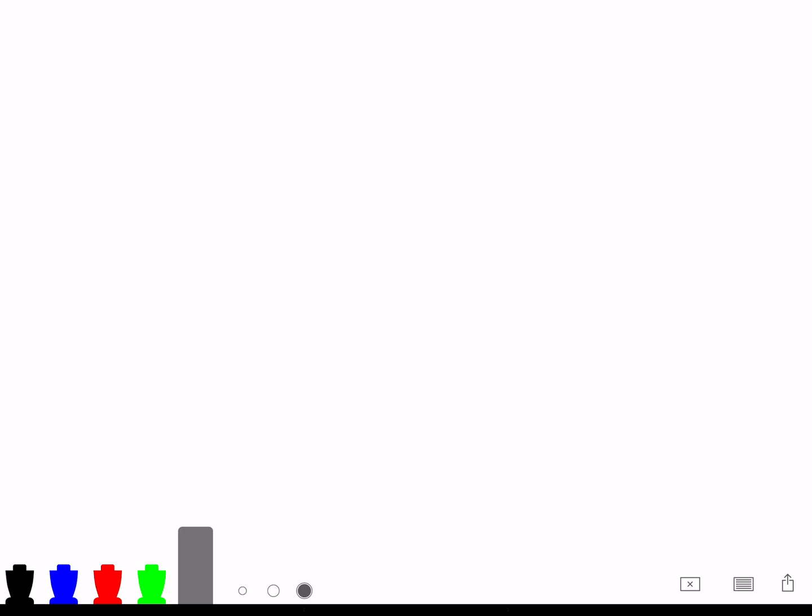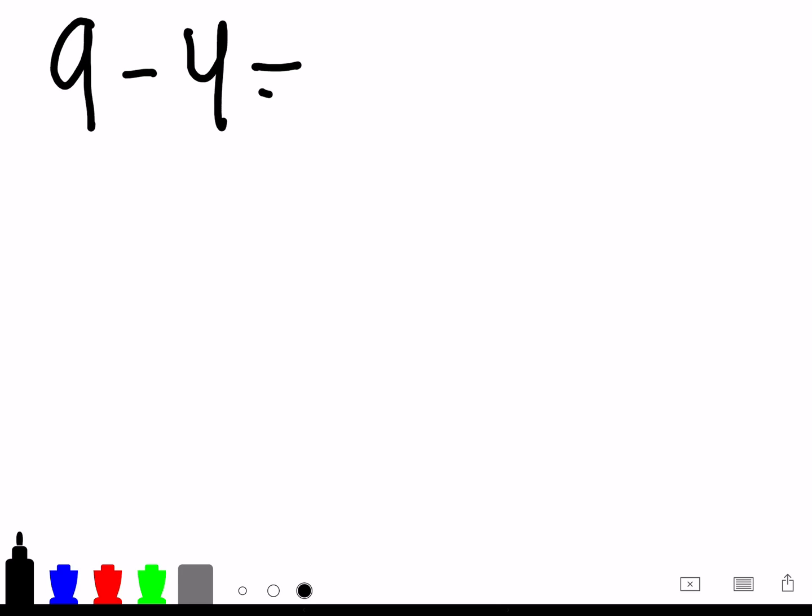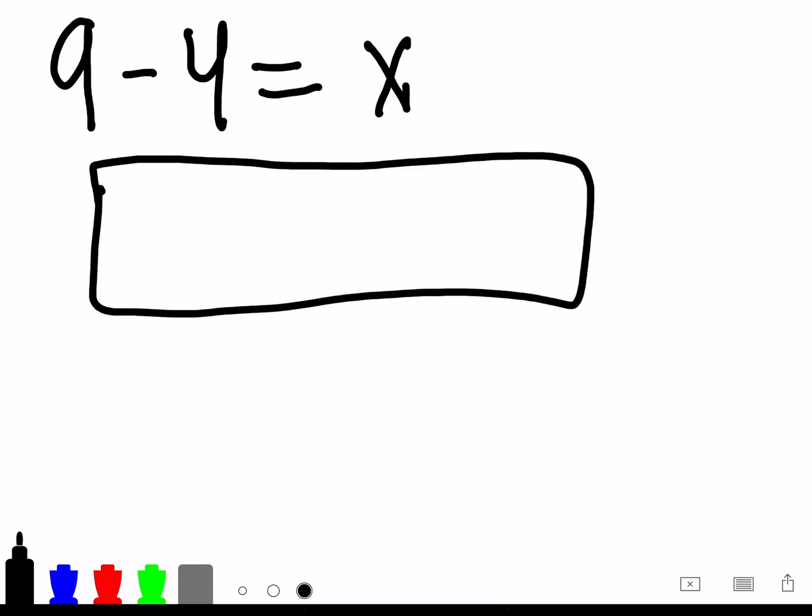So you're given an equation, 9 minus 4 equals x, or question mark, or the unknown. And we have our two parts, so part plus part equals whatever the mystery number is, the whole.